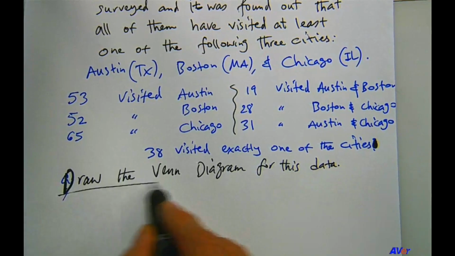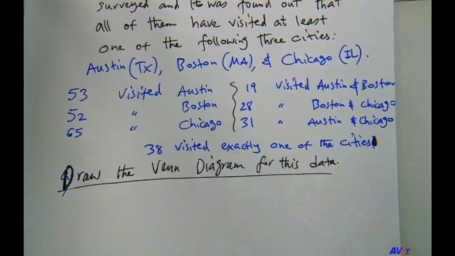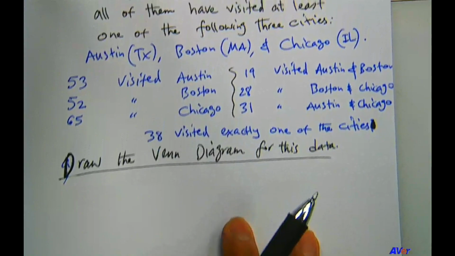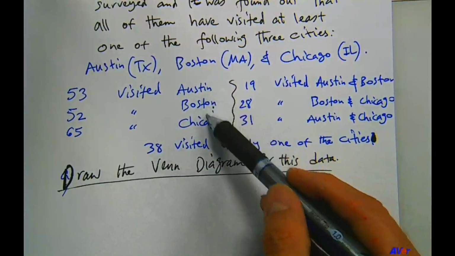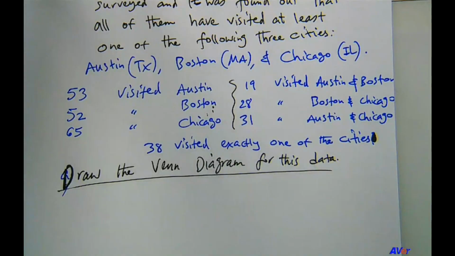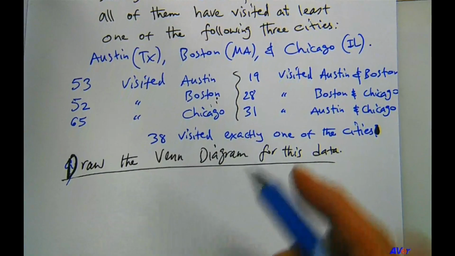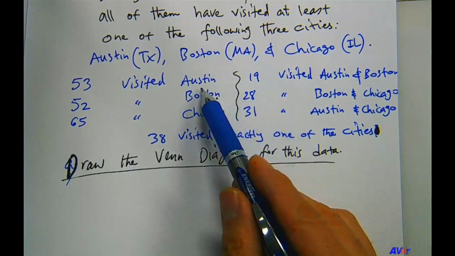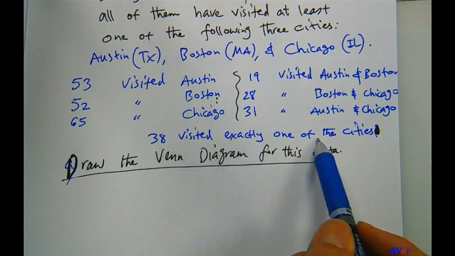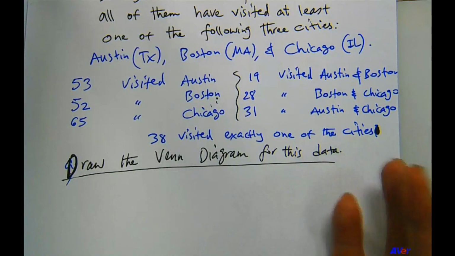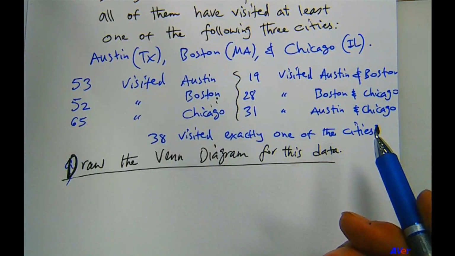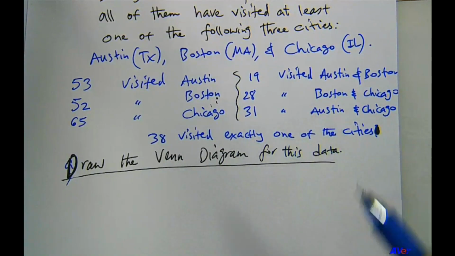The question is, draw the Venn diagram for this. Okay, so there are 3 cities that are being visited by these students, and so we must have 3 categories, 1 set for each of the cities, and 38 visited exactly one of the cities. So there is no one out of these 100 college students who didn't visit at least one of these, right?